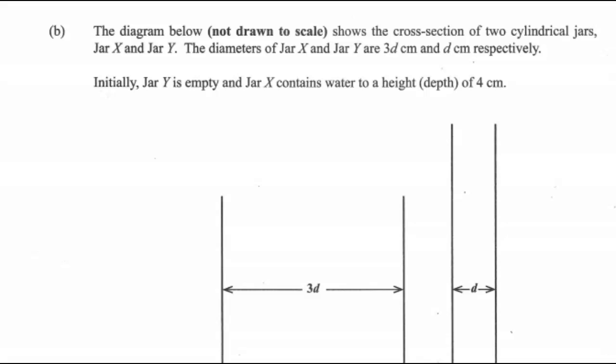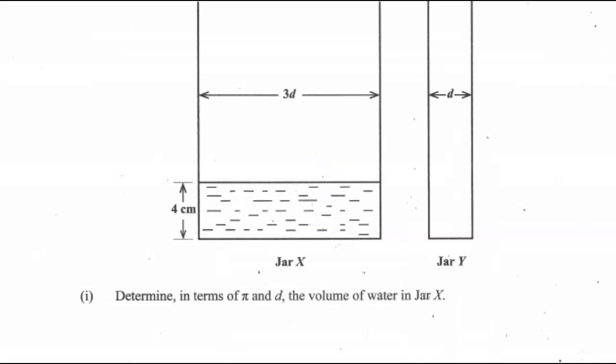So the diagram below, not drawn to scale, shows a cross section of 2 cylindrical jars, X and Y, as we can see there. Now here are our jars, and we're asked to find the volume of water in jar X. Now remember, the jars are cylinders, so the volume of a cylinder is pi r square h.